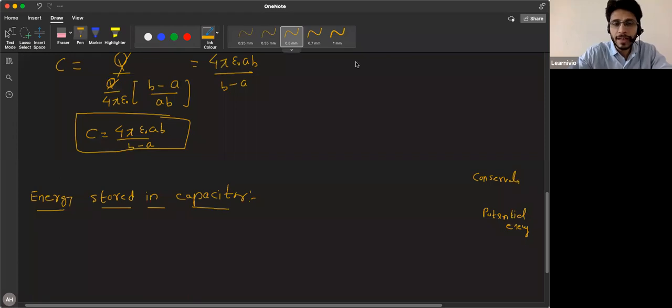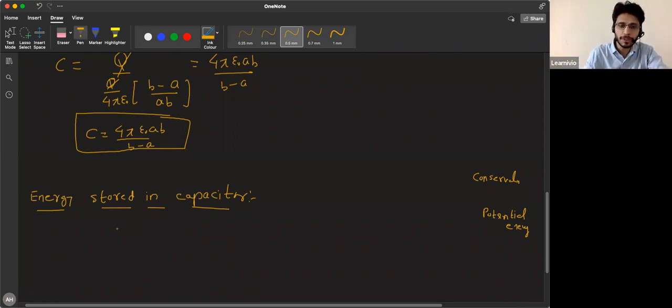So when we say that energy is stored in a capacitor, you should ask the question, what type of energy does this capacitor have? Are we talking about the kinetic energy of the capacitor? No, not the kinetic, but the potential. But for potential energy, you should have forces, like electric forces.